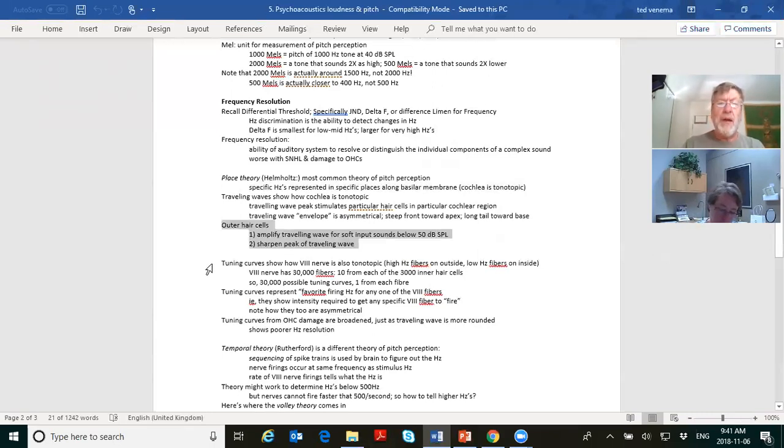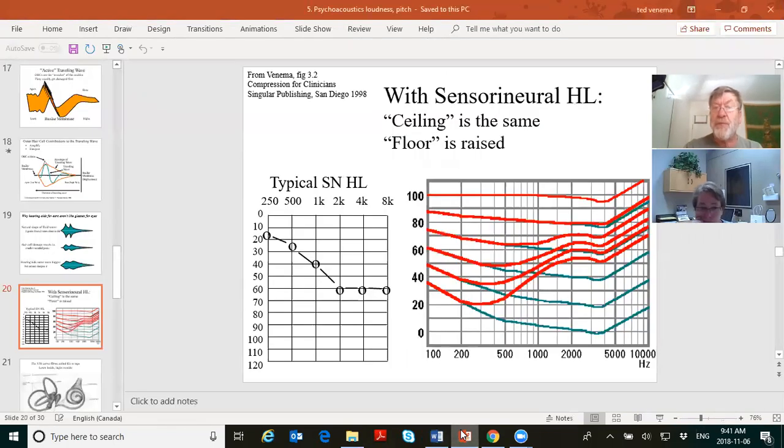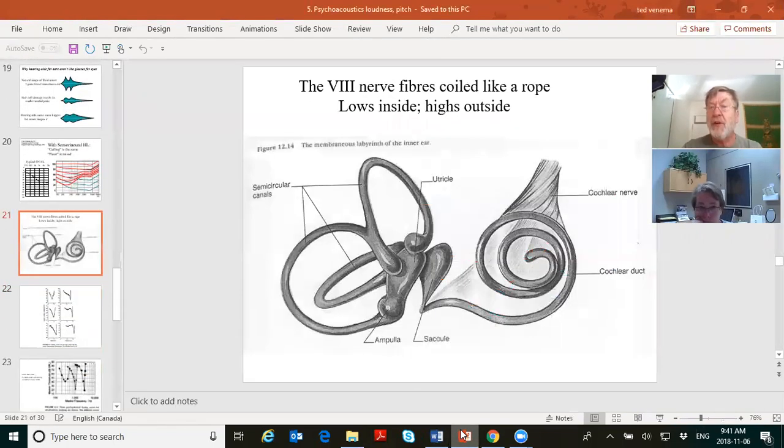Now, if you follow my cursor here, you're going to find out that this tonotopicness continues up the auditory system. Here, look at the eighth nerve as it's leaving the cochlea. So these are all eighth nerve fibers. There's thousands and thousands of them. In other words, the eighth nerve has 30,000 fibers, like a rope.